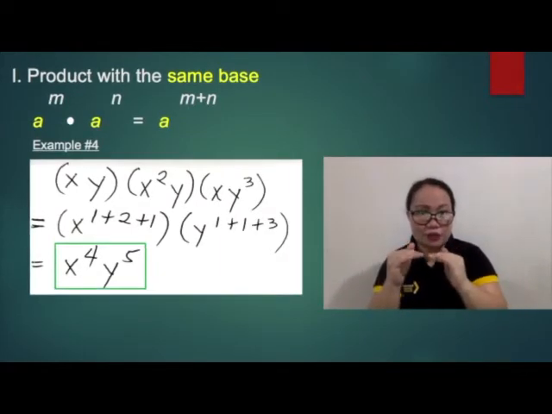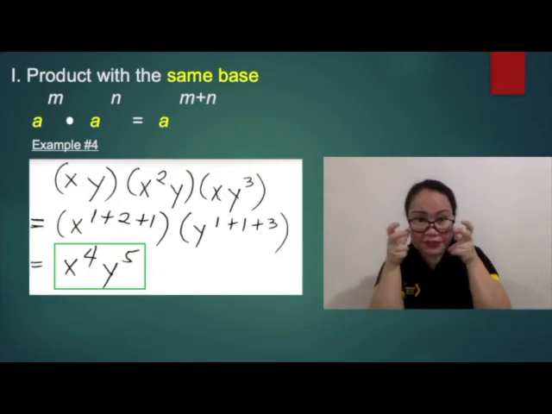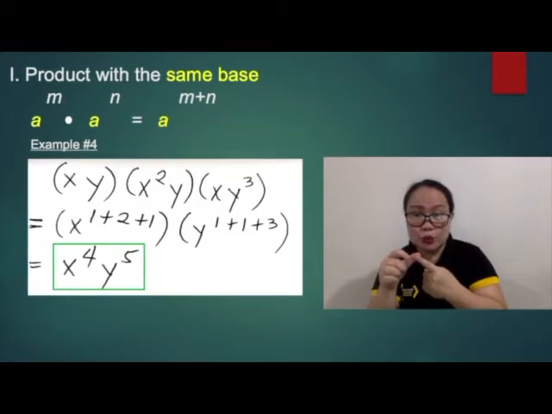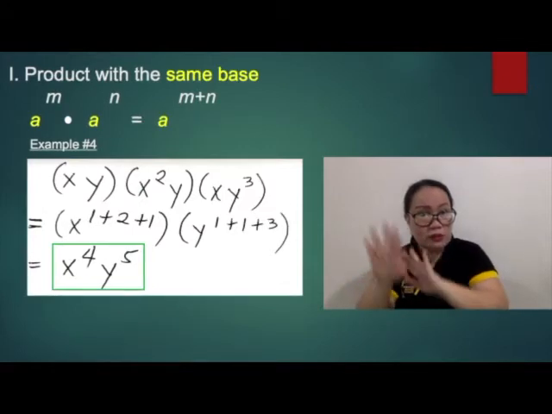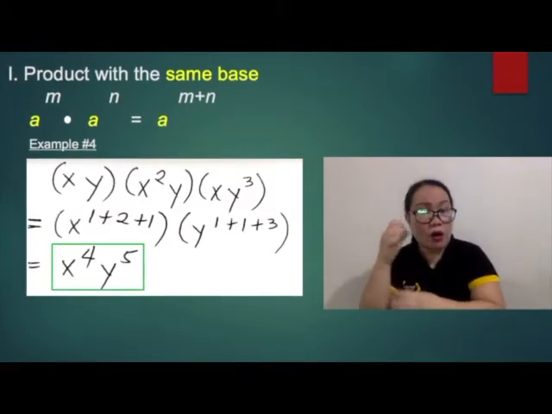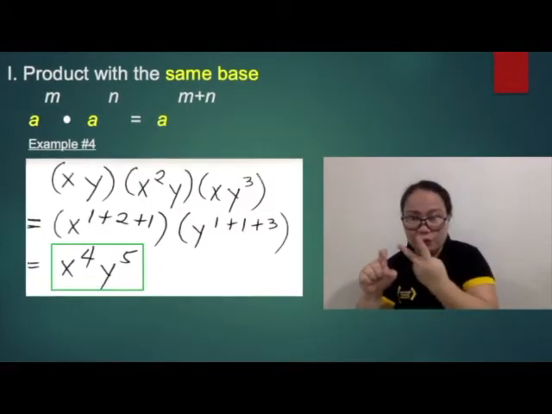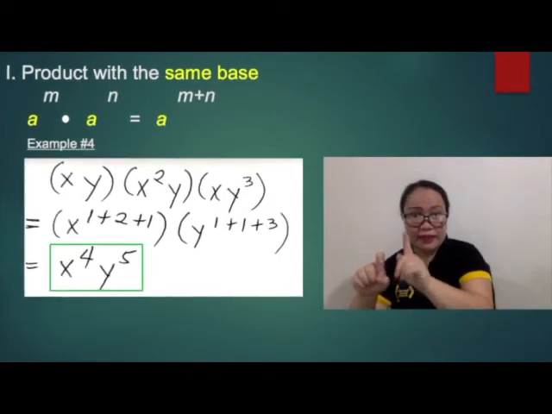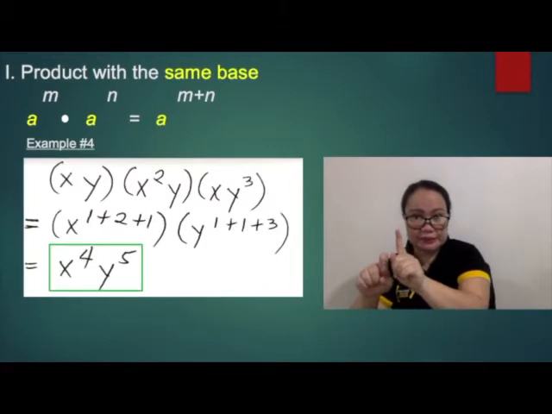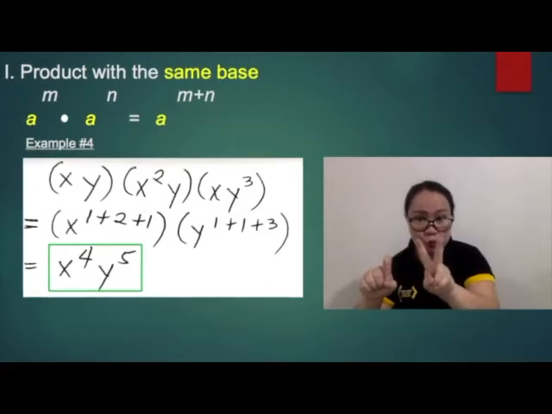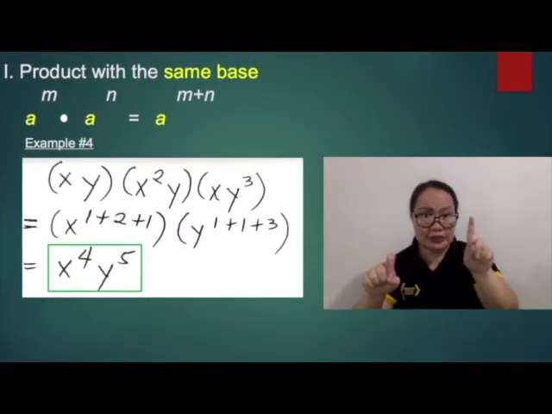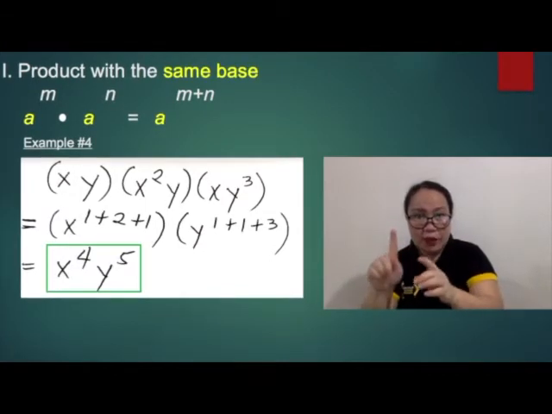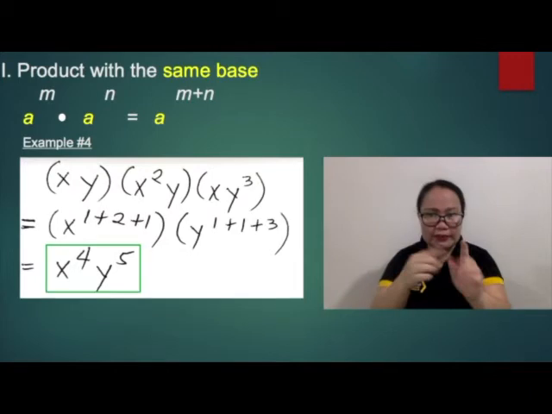So this is equal to, be very keen about this. First, you have to add all the exponents of x. The first term has 1 exponent, the second is 2, and the third has 1. So simply add 1 plus 2 plus 1.